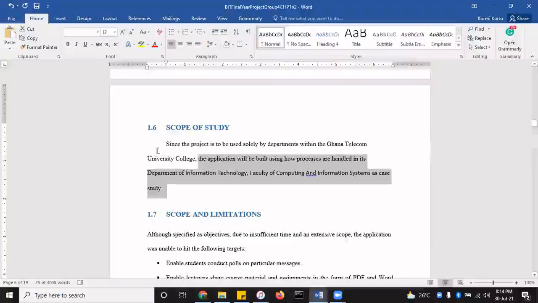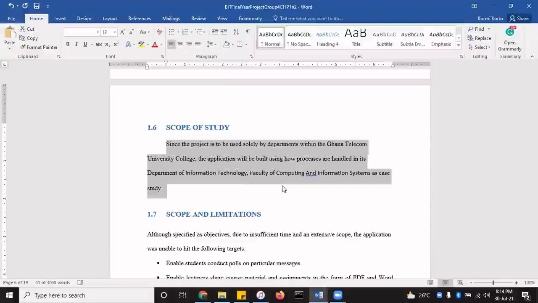I would have loved for him to go a bit further to elaborate more about the scope, talk about some of the key processes or modules that the application will cover, and things that you don't expect it to cover.